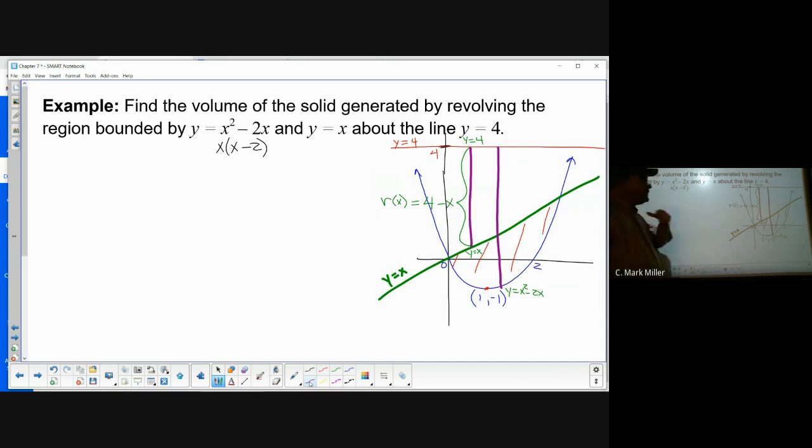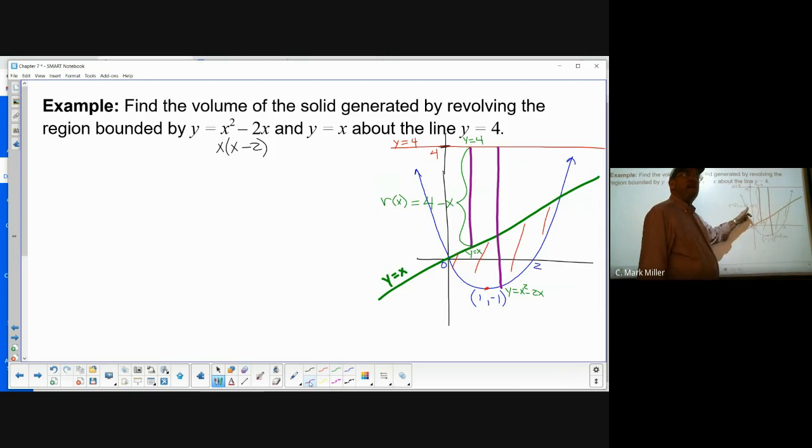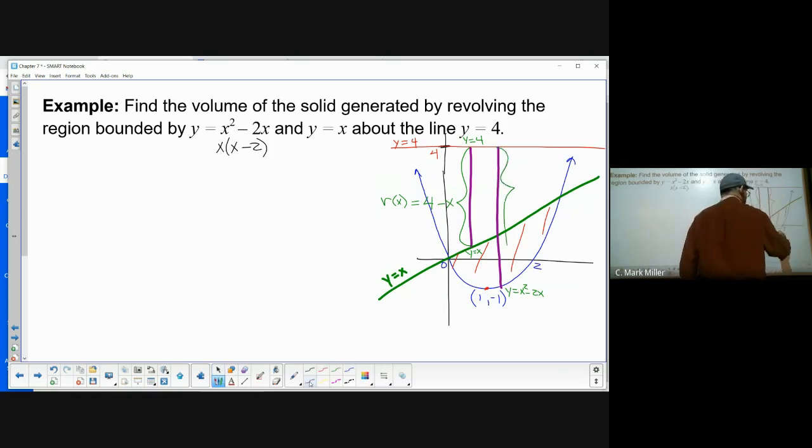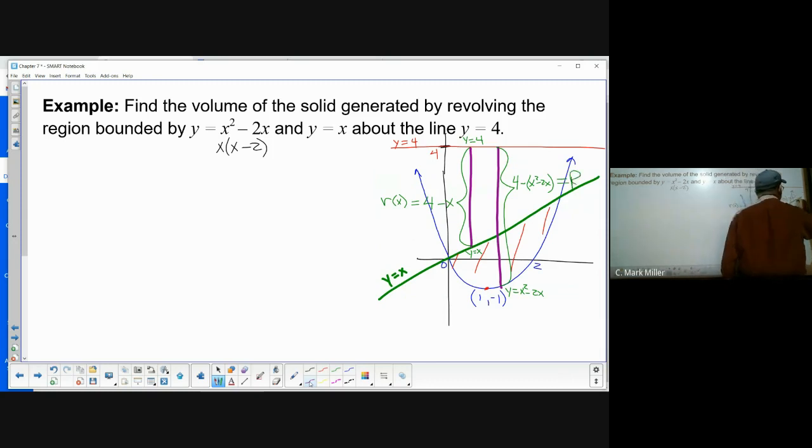Oh, by the way, you could also view this 4 minus x as x minus 4, because your radius would be your inner minus that, but you get the same thing. I don't want to confuse you with that, but right here, that distance is 4 minus x squared minus 2x, and that equals your big R of x.